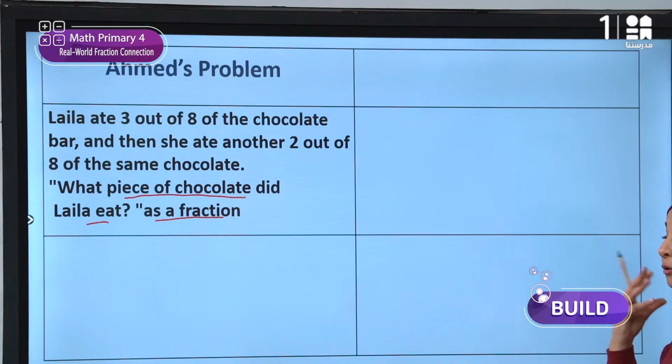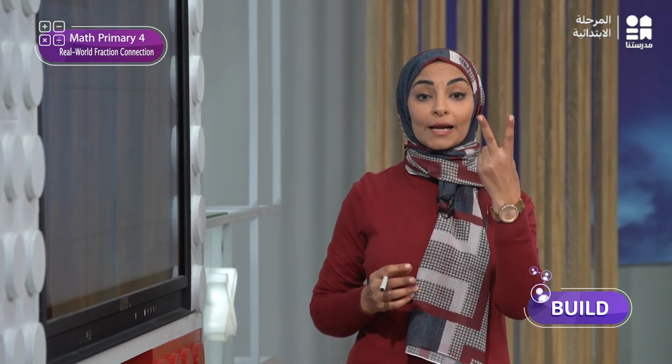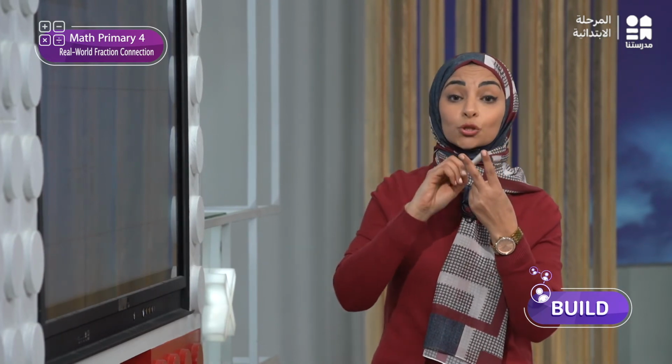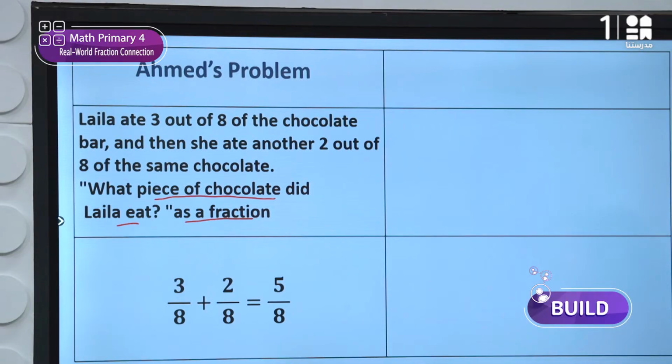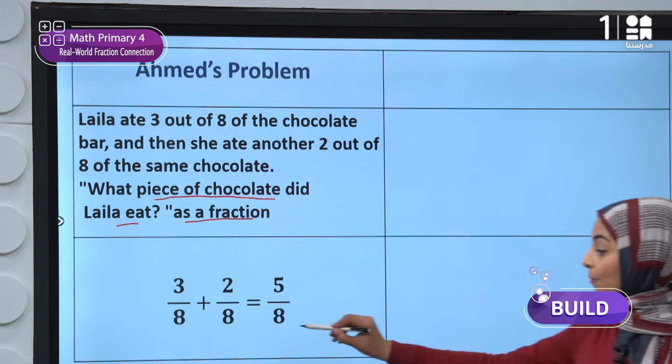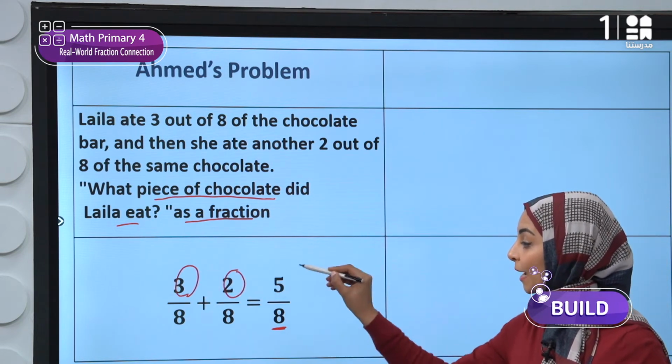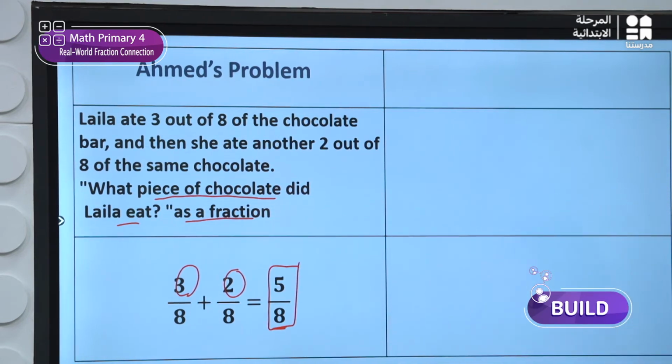طيب when Ahmed was thinking about the answer to this problem, he found that he had to add the two amounts ليلى ate اللي هما 3/8 plus 2/8. طيب عشان ال denominator the same, he added the numerators only. يبقى he kept the denominator as it is 8 وعمل 3 plus 2, so the answer is 5/8.